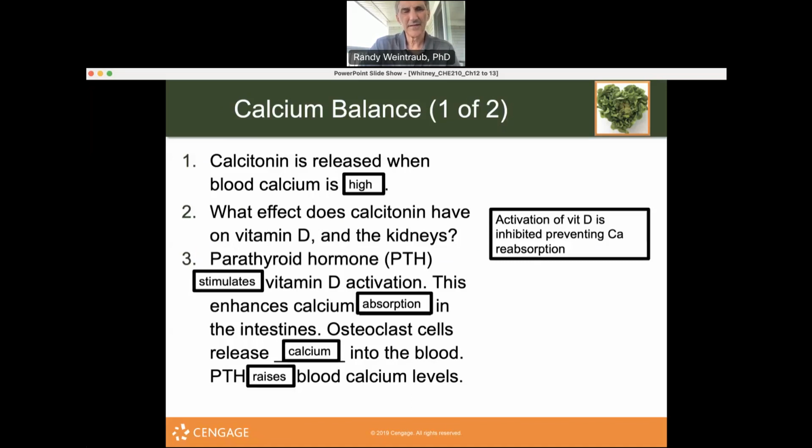And PTH raises blood calcium levels. So several different processes, including hormones, regulate the calcium to keep it in balance.